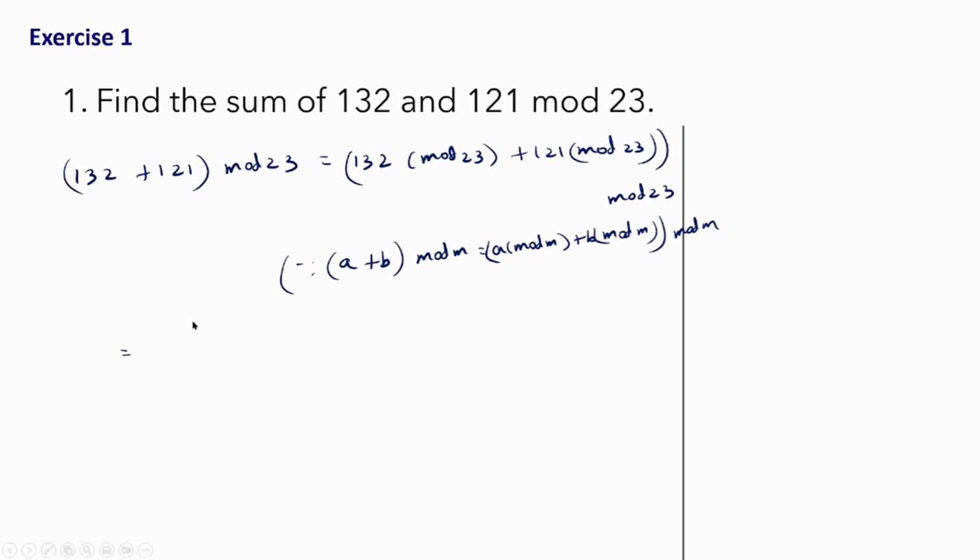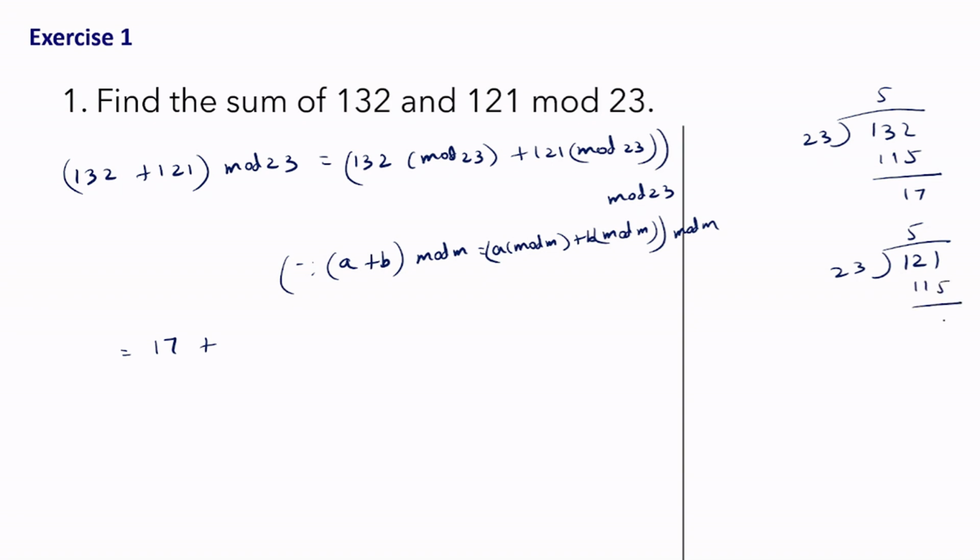So this is equal to, here, 132 mod 23. When we divide 132 by 23, we get the remainder as 17. So this is 17 plus 121 mod 23. When we divide 121 by 23, we get the remainder as 6.